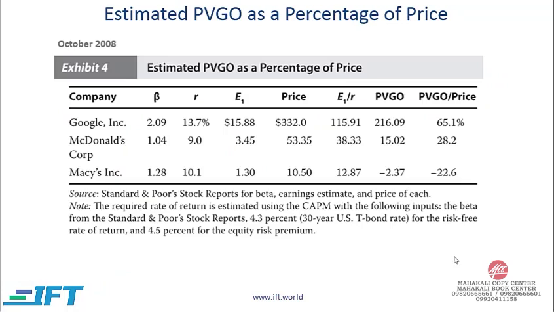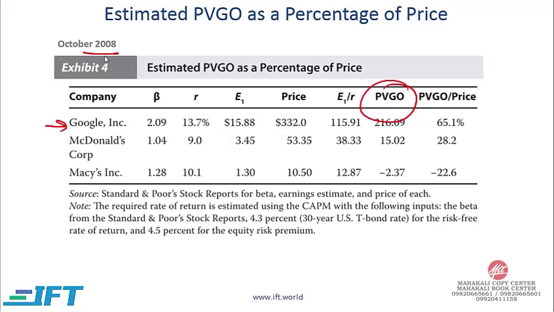Alright, now let's just look at some companies and look at what component of the price is given by PVGO. These numbers are from October 2008. If you look at a company like Google in 2008, would you expect PVGO to be a high percentage of Google's stock price? You would. And that is exactly what we see here.